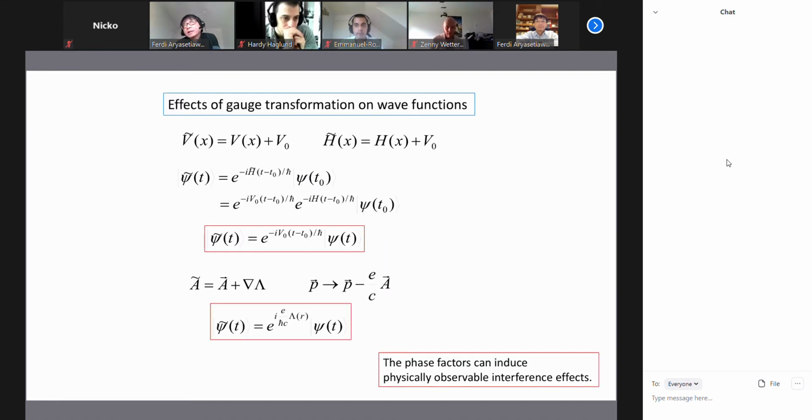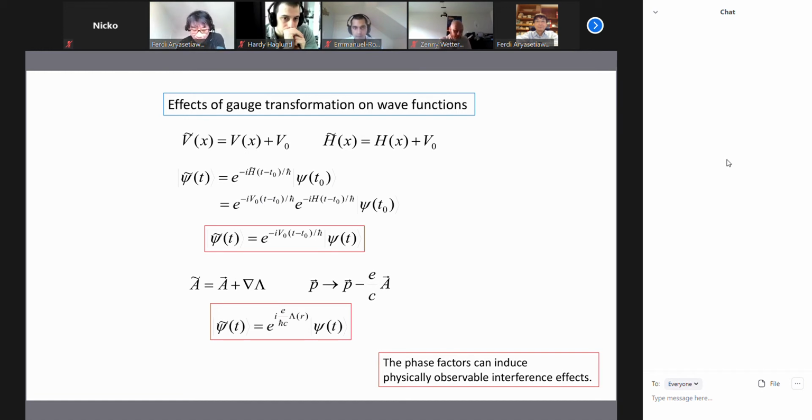So we expect, since the physical fields, the electric and magnetic fields, are not affected, that the wave functions would probably just gain a phase factor in front of them, because we expect that expectation values of observables should not be affected.